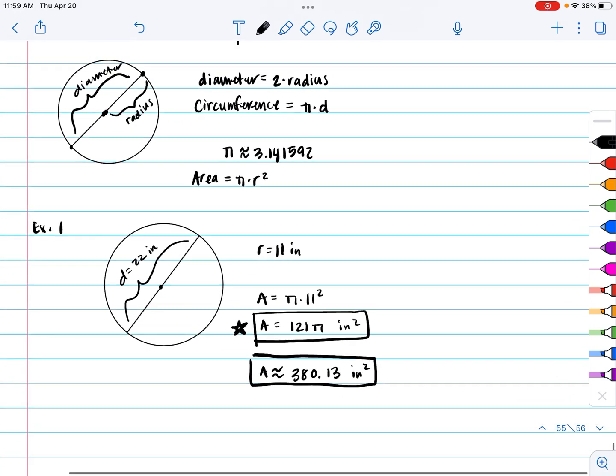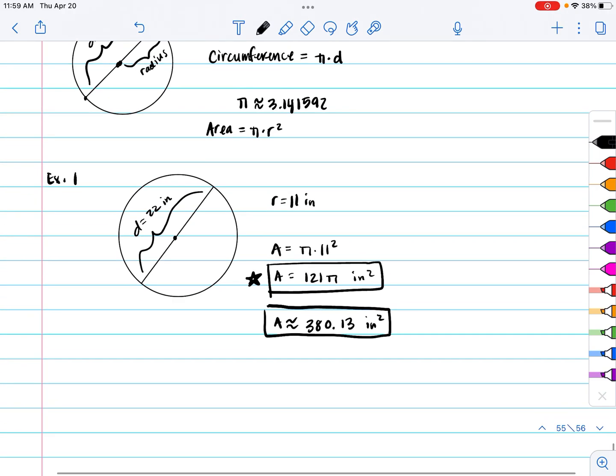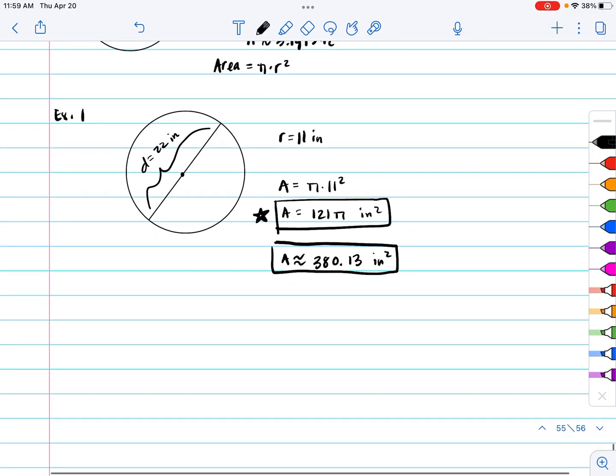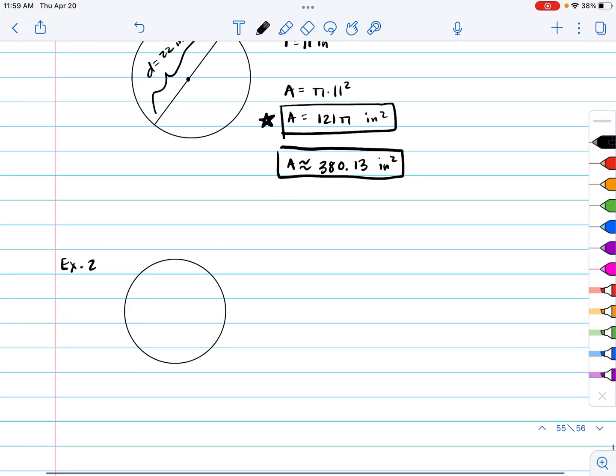Okay, so that's area. What if I said we had a pizza slice? Let's make this a different slice of pizza. We can draw another circle. Much better this time around. And here's the center.